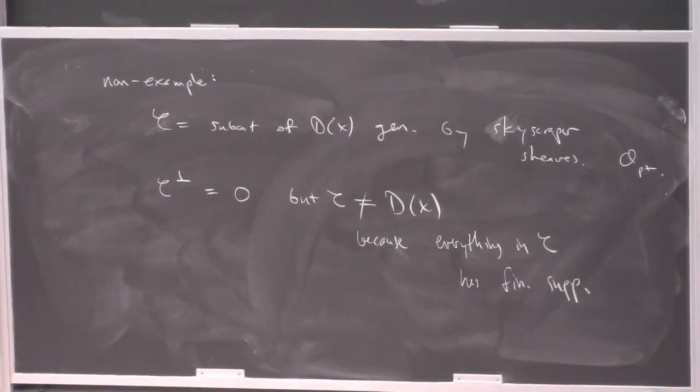Okay. Well, I want to prove for you, either now or later, that if I have an admissible subcategory whose orthogonal is 0, then it's the whole category. Since you asked, I was going to do this after the break, but I'll do it now.